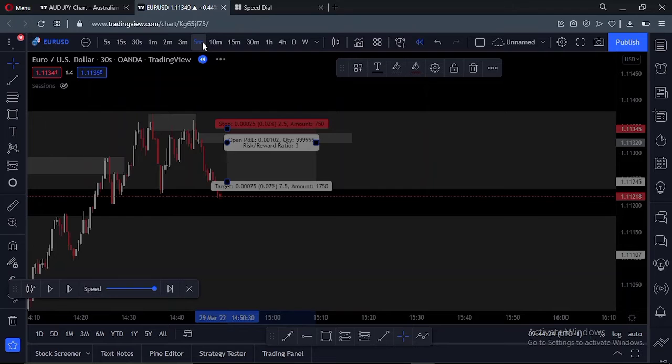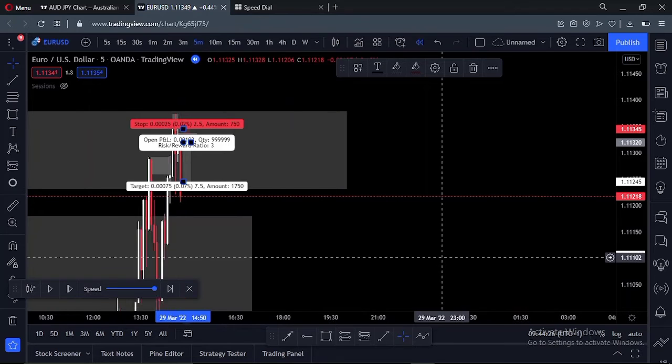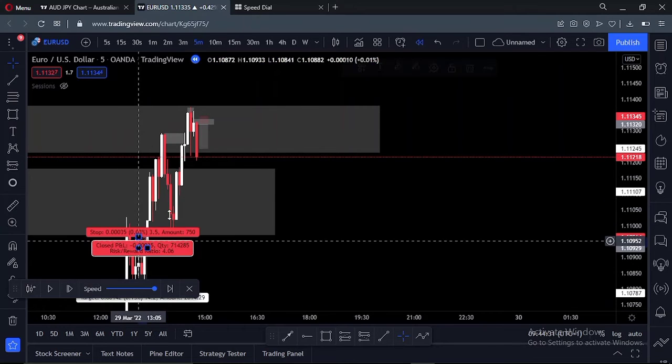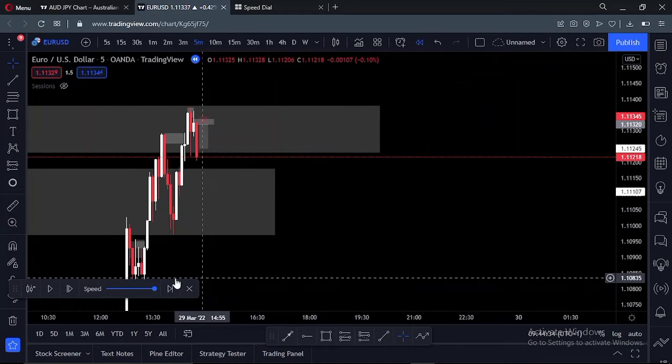So my target for this trade was, I was looking to see a sensible target area that actually made sense.